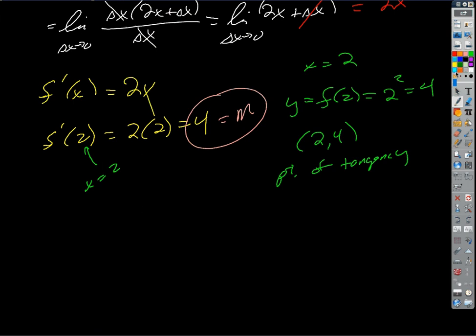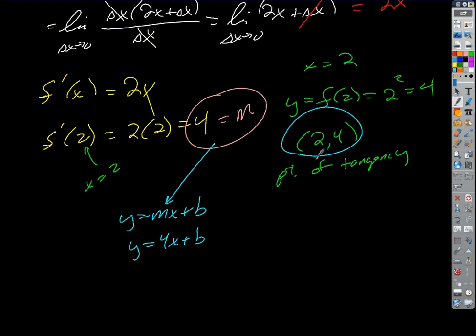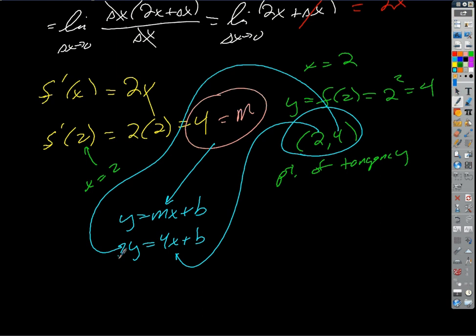So now we want to put the line in y equals mx plus b form. This is just algebra 1. We're going to plug in 4 for m, so we get y equals 4x plus b. We'll use the coordinates of this point to solve for b. I can plug 2 in for x and 4 in for y, and I get 4 equals 4 times 2 plus b, so what's b?